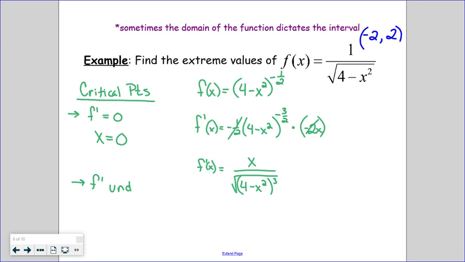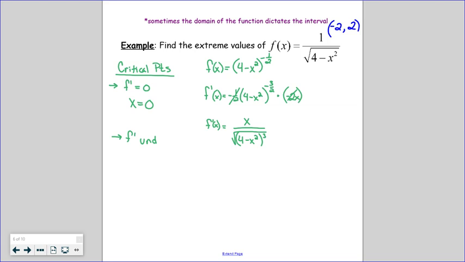Well, it's going to be undefined and irrational when our denominator equals 0. So I would set my denominator equal to 0 and solve. Okay, so square both sides, right, which would give me 4 minus x squared cubed, still equal to 0.